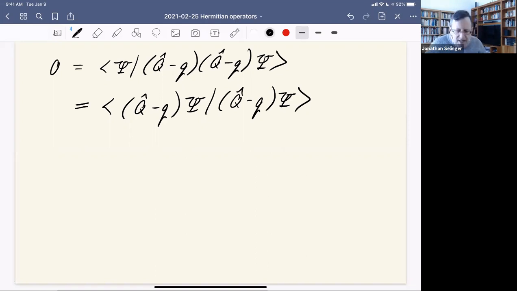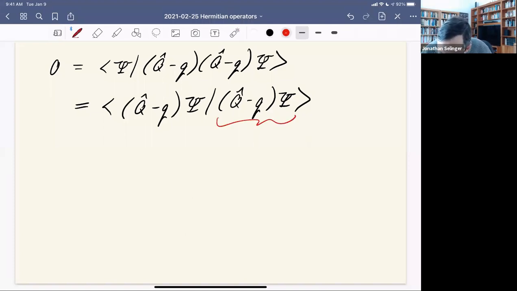Okay, so that tells us something special about the operator big Q minus little q acting on psi.